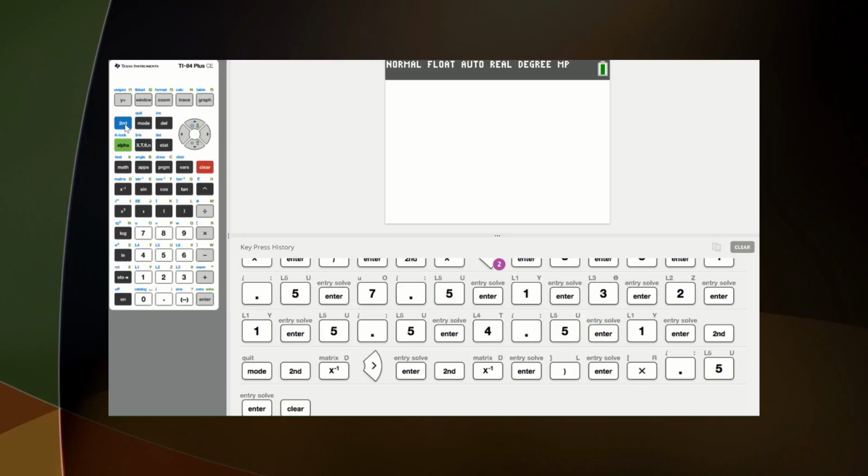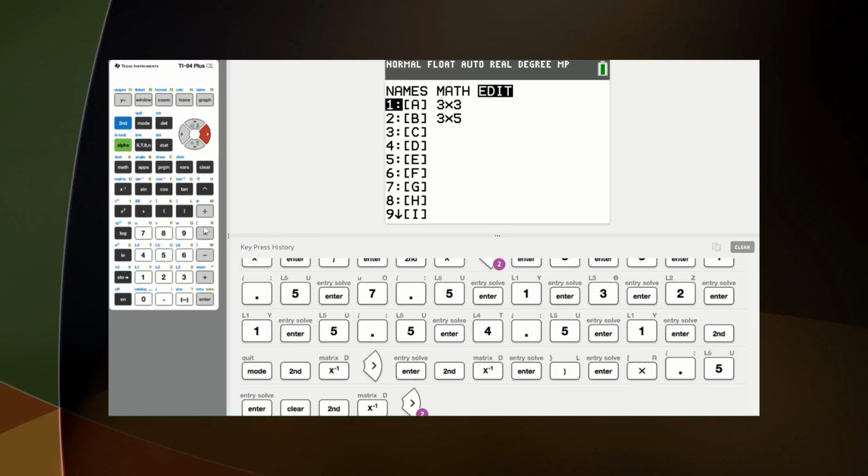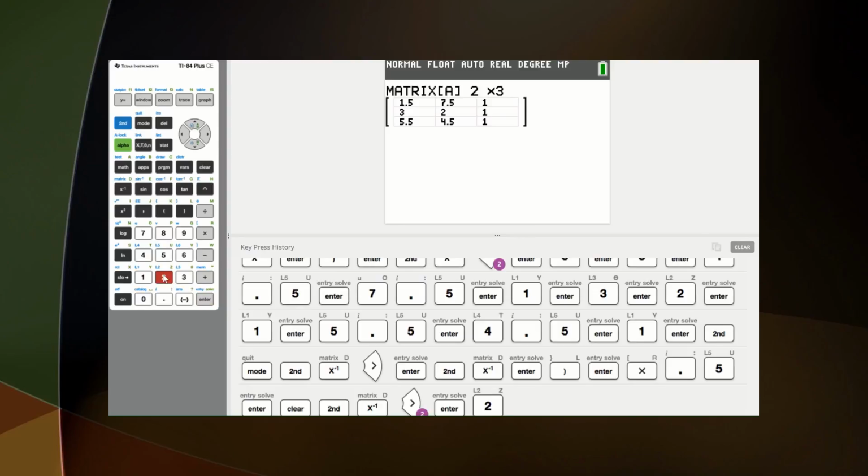All right, so here we are at our calculator, and I'm going to input these matrices. I hit second matrix, go to edit, and use matrix A to help me determine my x value. In this case, we're building a 2 by 2 matrix, so I need to get my dimensions set correctly.